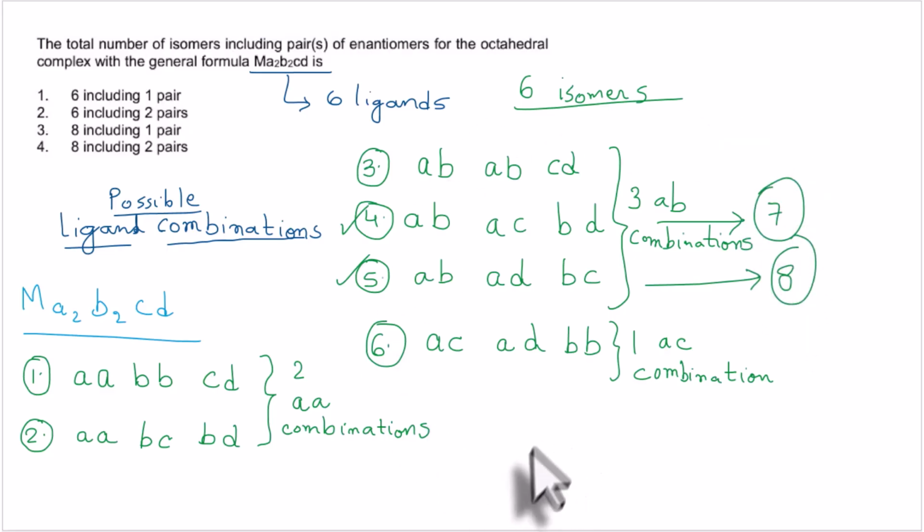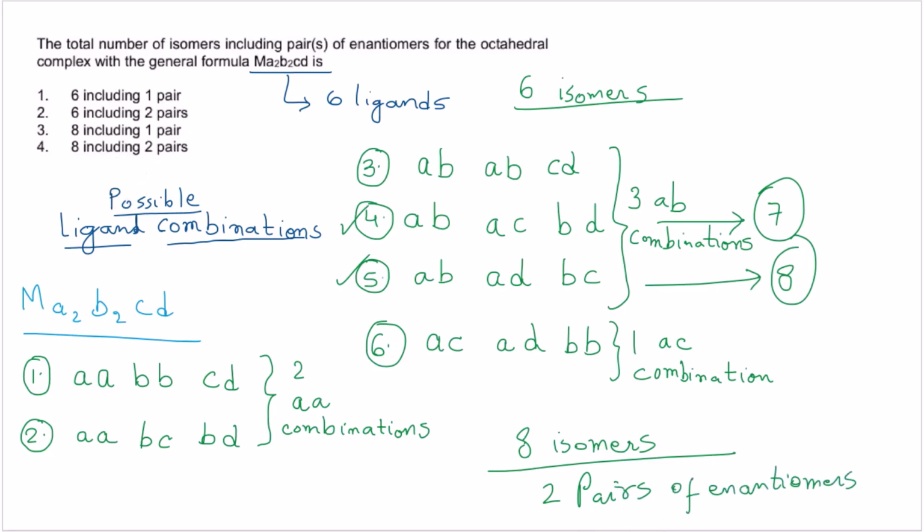So total we have 8 isomers or 8 stereoisomers. So 6 plus 1 plus 1. So plus 1 means 2 of these structures give the mirror images, the enantiomers. So total structures will be 6 plus 2, 8. So 8 isomers including pairs of enantiomers. So we have 2 pairs of enantiomers.